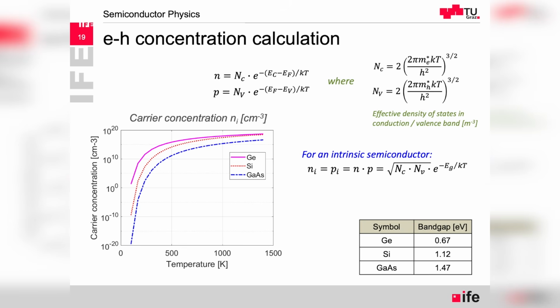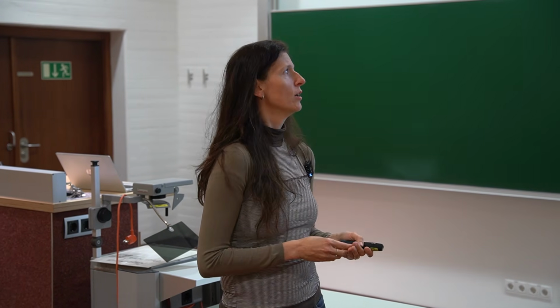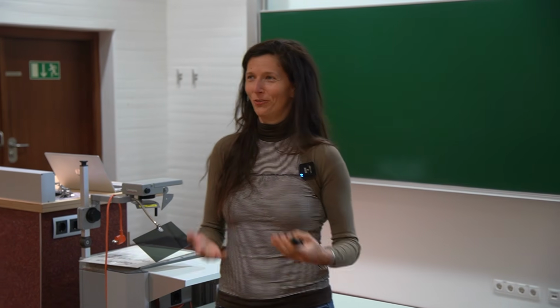And then the number of charge carriers, we have the number of states times the probability, which is from our Boltzmann distribution, because we look deep into the valence or into the conduction bands. For an intrinsic semiconductor, so one that is just pure germanium, pure silicon, pure gallium arsenide, so we don't add any other atoms that really change quite a lot the behavior, and they can control the conductivity.